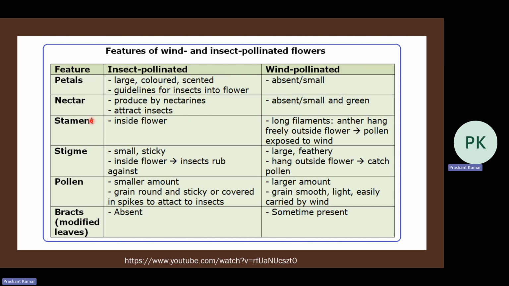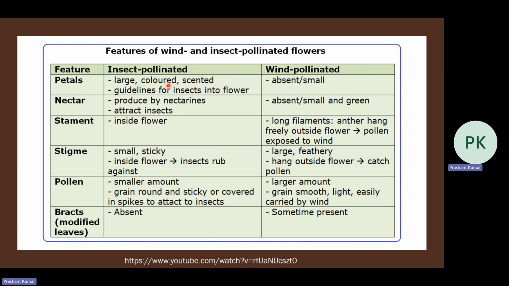Stamen: inside the flower in insect pollinated, and long and outside the flower in wind pollinated. Stigma: in insect pollinated it is very small and sticky inside the flower, so the insect rubs its body on it and in this way pollen will fall. In wind pollinated, the stigma is large and feathery, hanging outside the flower so that it can catch the pollen.